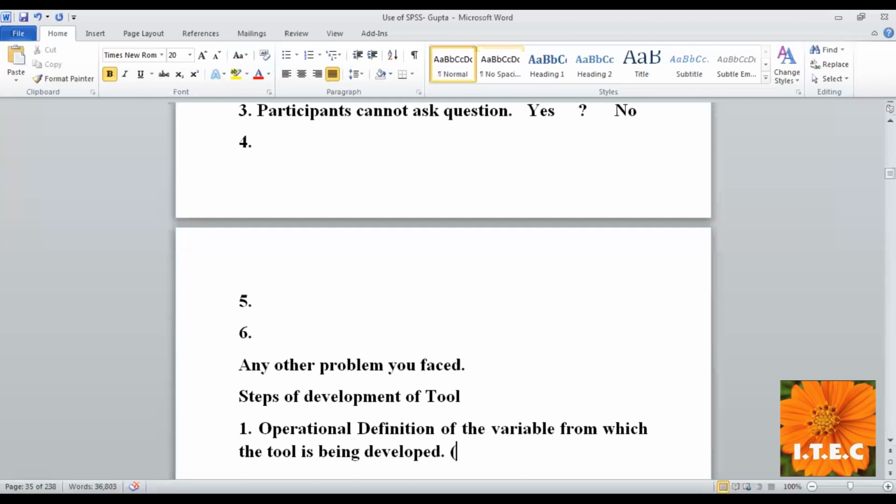It means you are giving the definition of the variable in such words or such attributes which are observable and measurable. Observable and measurable.